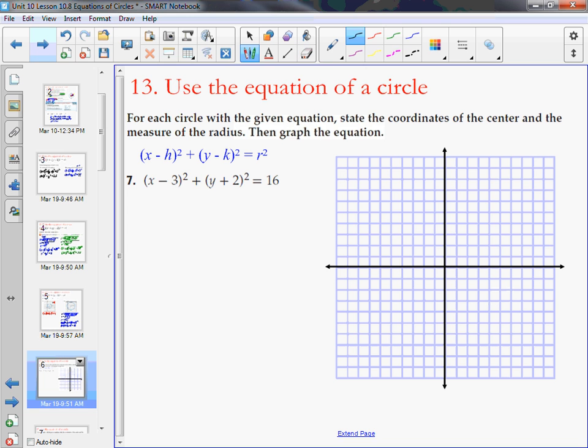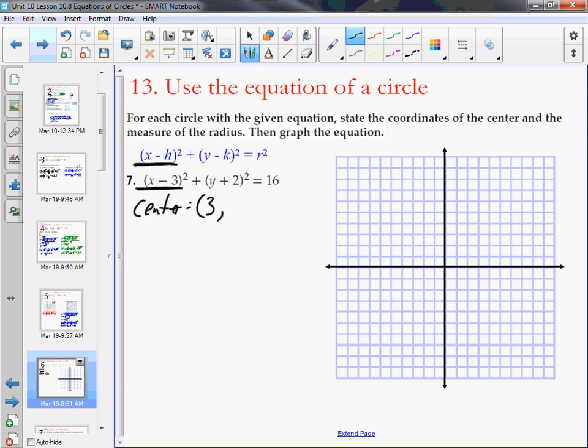So look at number 7. I recopied our standard form, x minus h quantity squared plus y minus k quantity squared equals r squared. So first, let's get the coordinates of the center. If h is the x coordinate of the center, what's the x coordinate of the center? 3.